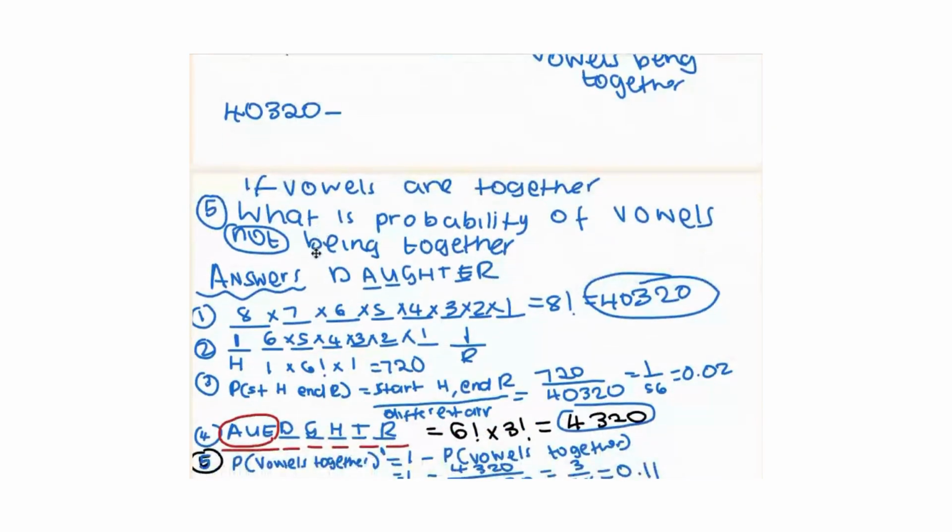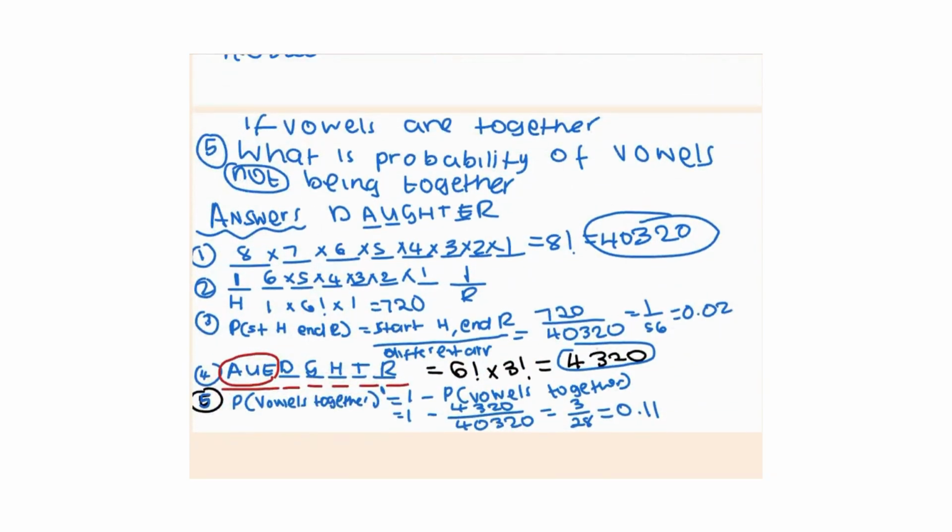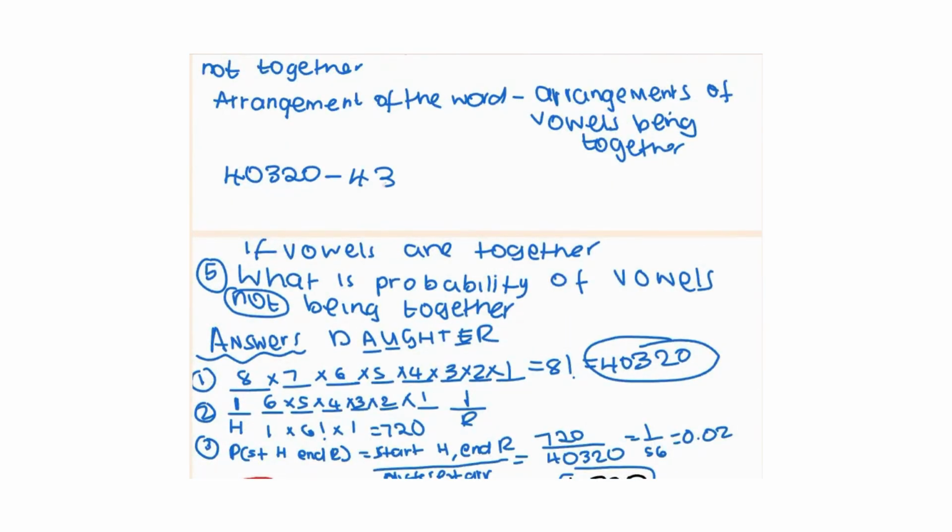I think we did work that one out, it's 4,320. So 40,320 minus 4,320 gives me 36,000.